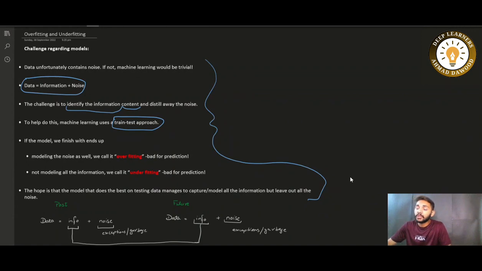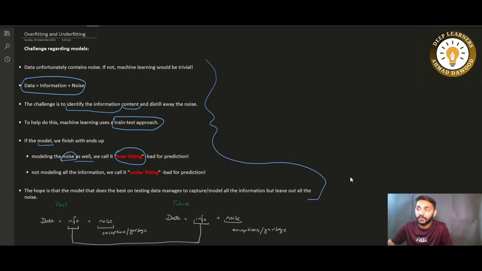If the model ends up also modeling the noise as well, so we are trying to model the information but our model has also captured the patterns of noise, then we usually call it overfitting the data points.